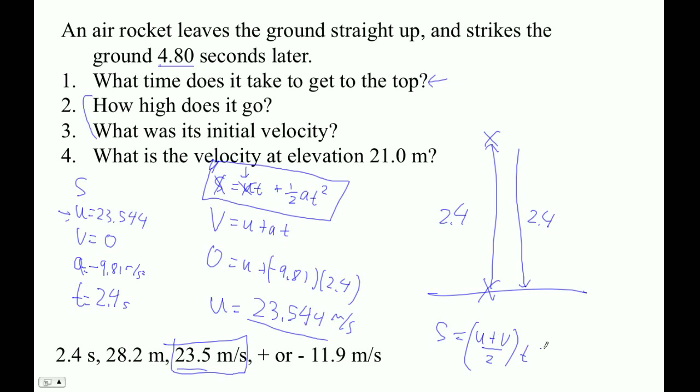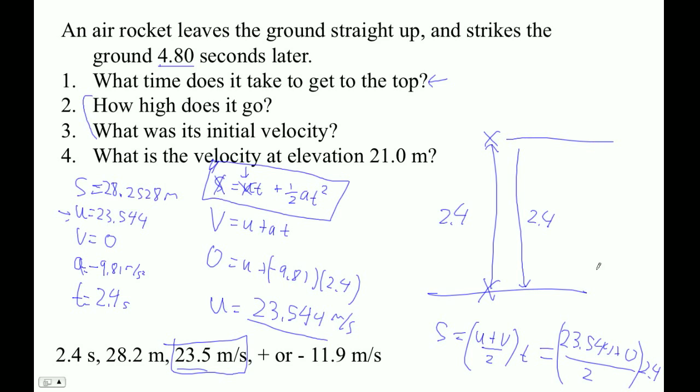So that's equal to 23.544 plus 0 over 2 times 2.4. So that times 2.4 divided by 2. S is 28.2528 meters.